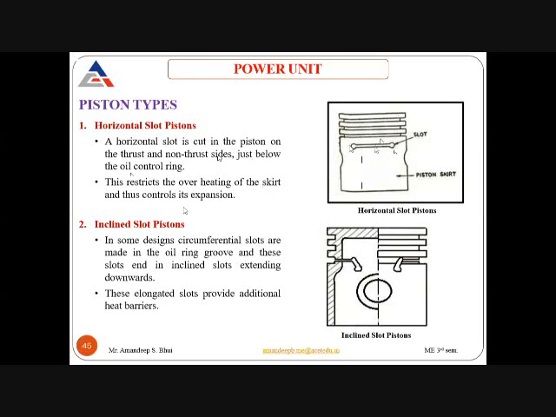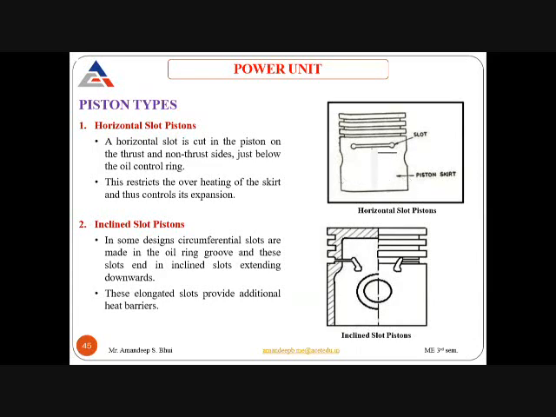So this acts as a dam, and the heat from the top of the piston does not move downwards. This slot acts as a dam, and it does not allow the heat to flow towards the skirt side of the piston. Thus this slot prevents the unwanted expansion of the piston skirt.